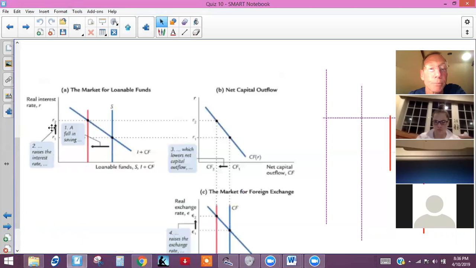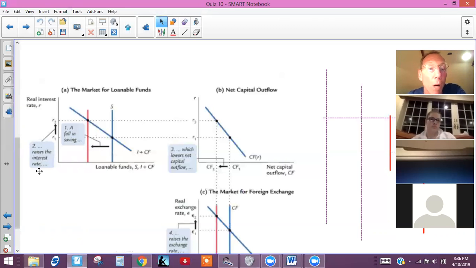When the supply of anything drops, the price of it is going to go up, right? Loanable funds come from savings. That's where banks get their money to loan out, from members of the bank's savings. So when savings drop, interest rates are going to go up.